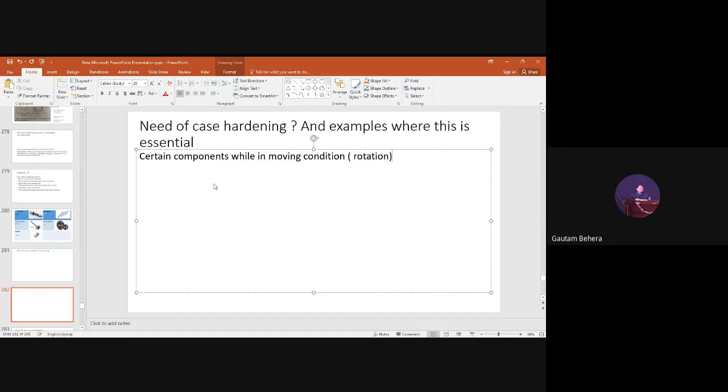They experience wear and shock load, or impact load, I can say. So this is one part, wear, and the other part is the shock load. Okay? So that means now we have a situation.